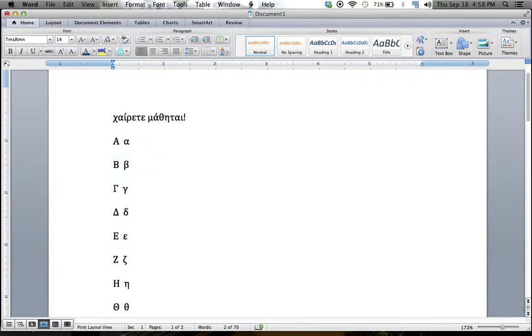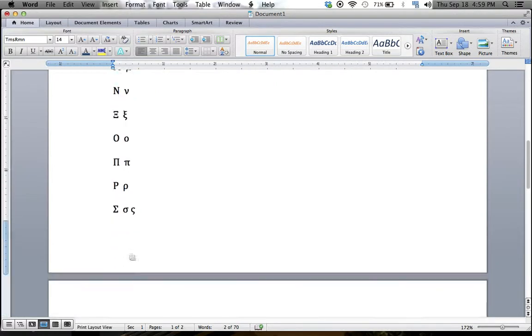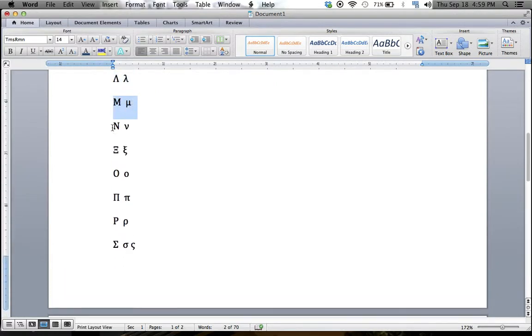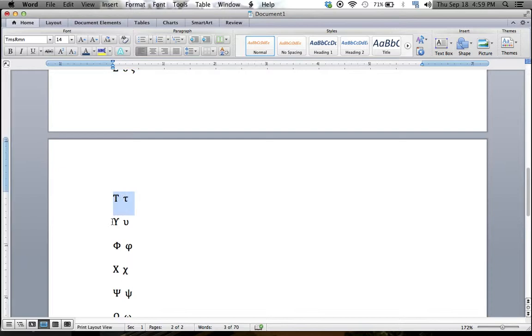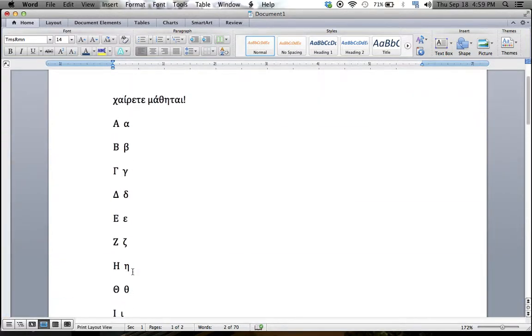Alpha, beta, gamma, delta, epsilon, zeta, eta, theta, iota, kappa, lambda, mu, nu, xi, omicron, pi, rho, sigma, tau, upsilon, phi, chi, psi, omega. So that's the alphabet that we're going to be using.